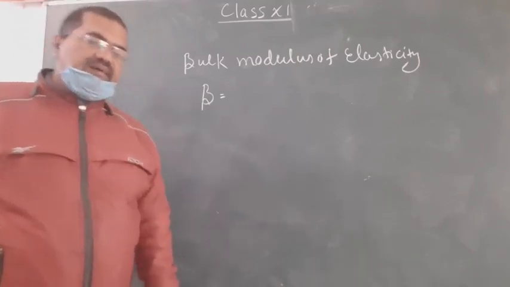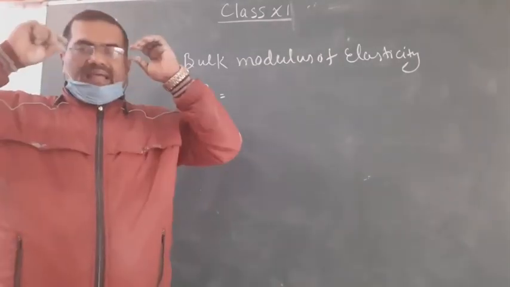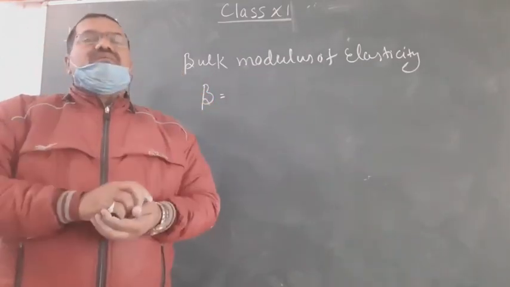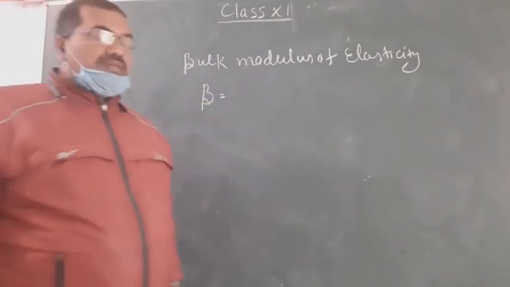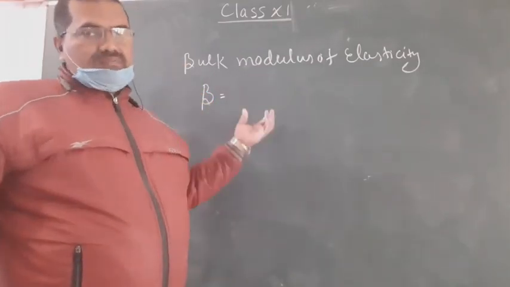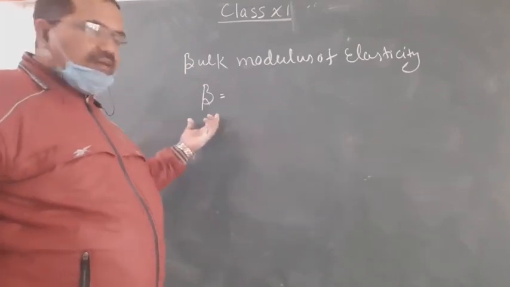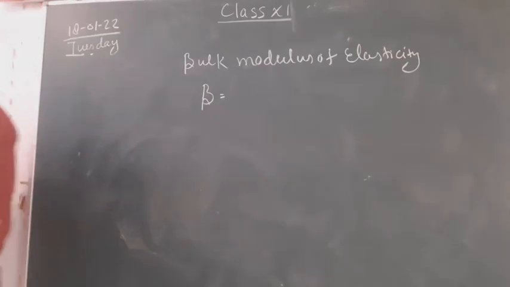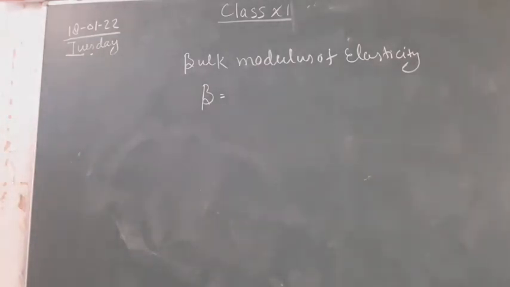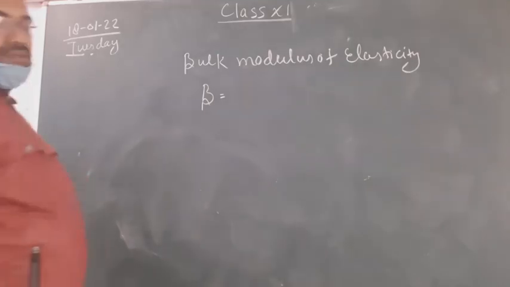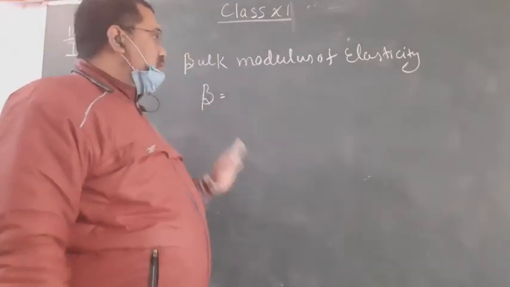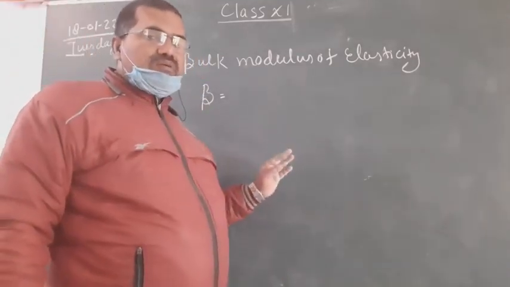If a change is done in a volumetric body by applying normal stress like pressure, then the ratio of stress and strain is called beta. Write it down. Bulk modulus is used for a volumetric body.